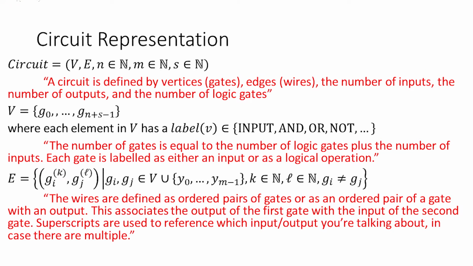So we're going to be considering inputs like a special kind of gate. In addition, we're going to have this labeling function, where you give it some node of the graph as input, and as output, it's going to tell you what sort of node that represented. That's what's telling us the role that that gate played in our circuit, whether that's an AND gate, an OR gate, a NOT gate, or an input gate, and so forth.